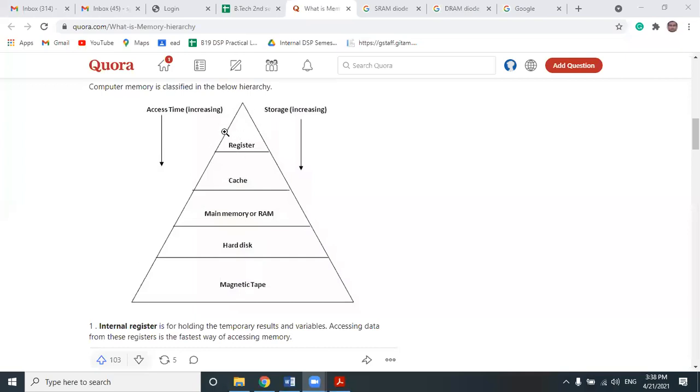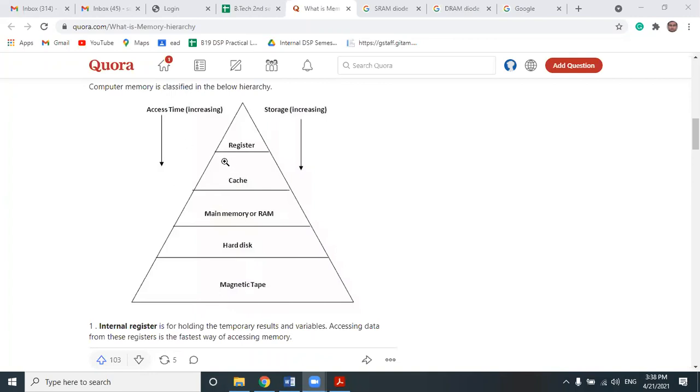That means the top component of the computer memory hierarchical structure maintains the highest speed, whereas the bottom component maintains the lowest speed. Clear? So register is one of the fastest computer memory devices among all the other memory devices in a computer system.